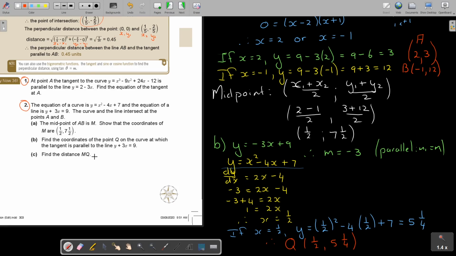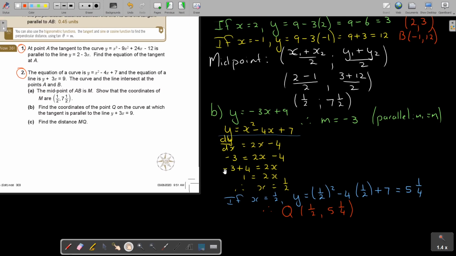Okay, now for finals, because you have both, I'm going to move it up because it's almost done. So I'm just coming in with C. Okay, so what was M? M was given, that was a half, and it's 7.5. And there is Q. Okay, so how do I find distance MQ? I think I showed you.